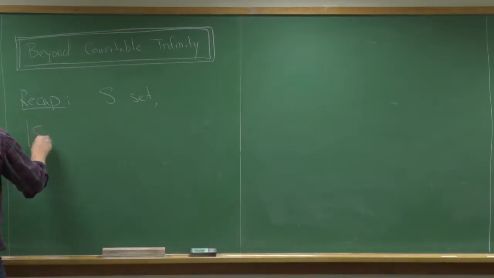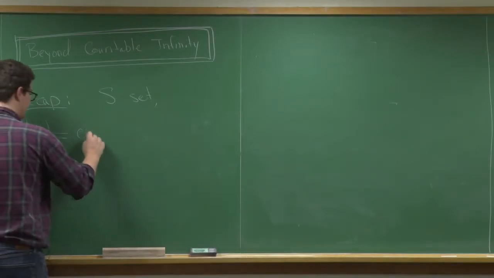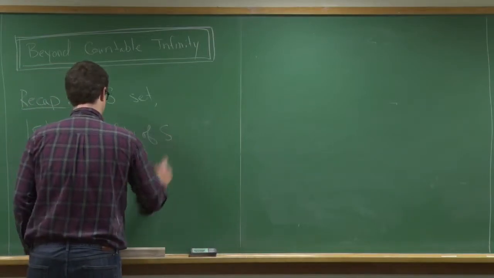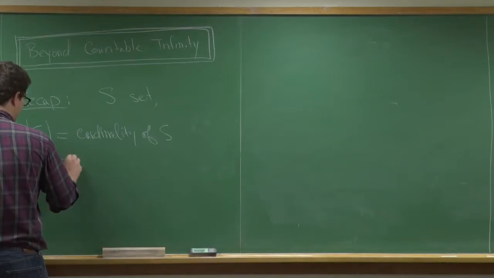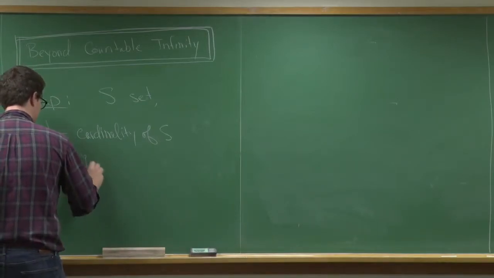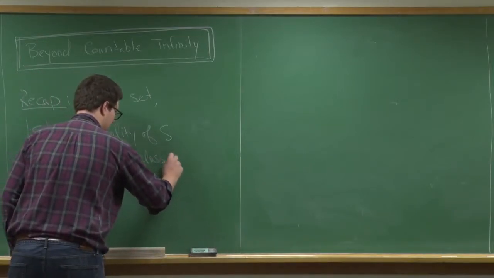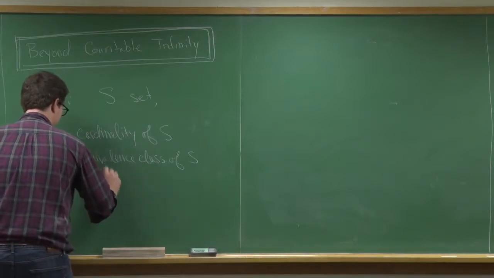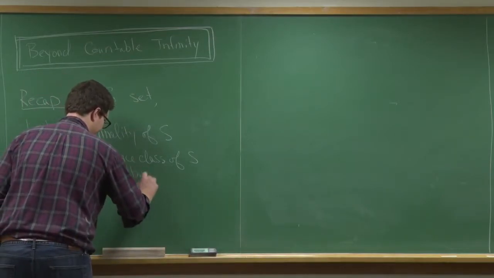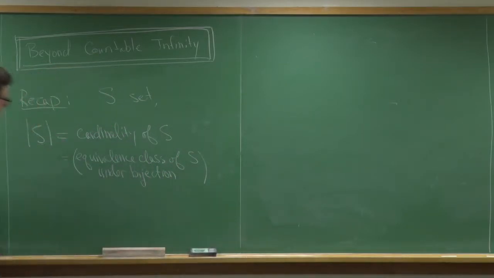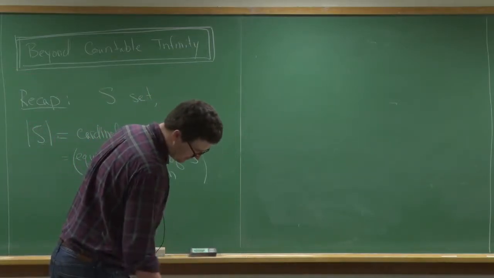And we had this thing, the cardinality of S. This is defined to be the equivalence class of S under bijection. Okay, so let me remind you how that worked.